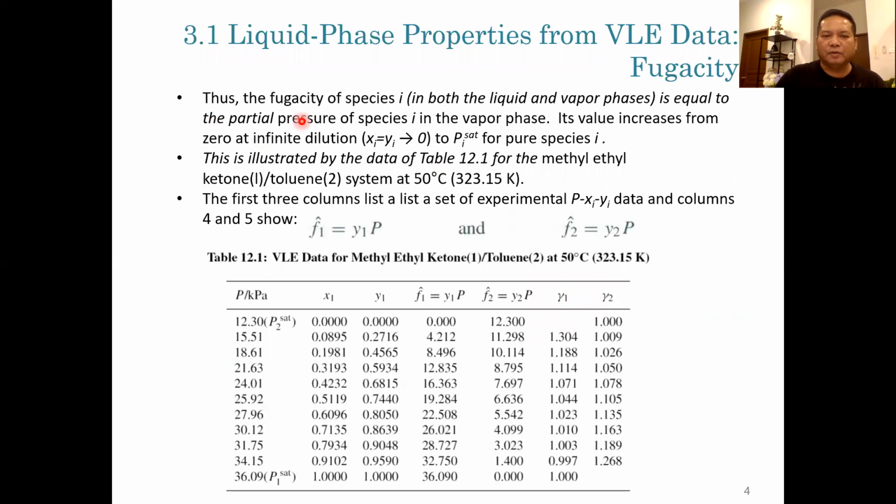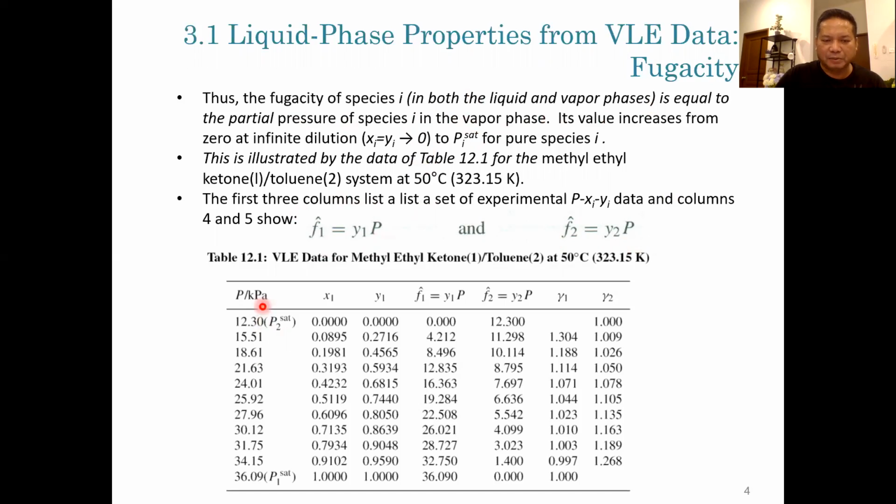So the fugacity of the species in both liquid and vapor phase is equal to the partial pressure of the species in the vapor phase. So we can plot it: fugacity 1 equals y1 P, and fugacity 2 equals y2 P. This is denoted in Table 12.1 here.